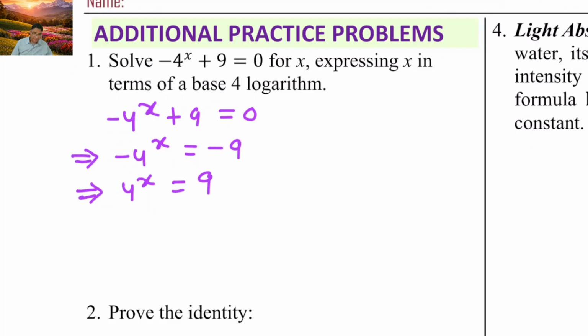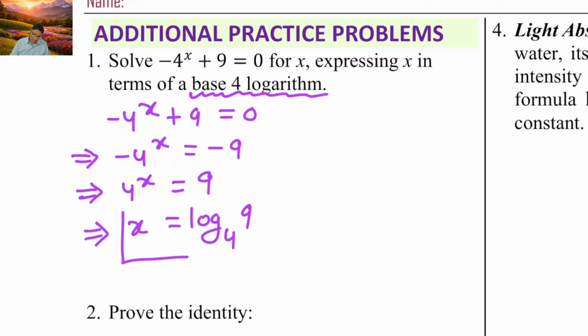It's equality anyway, so I don't have to worry about changing the direction, right? Now I have 4 to the x. The base of that exponential function is 4. So you apply the log with base 4. That's what we needed, right? As a base 4 logarithm. Expressing x in terms of a base 4 logarithm, which we have done here. So we are done.